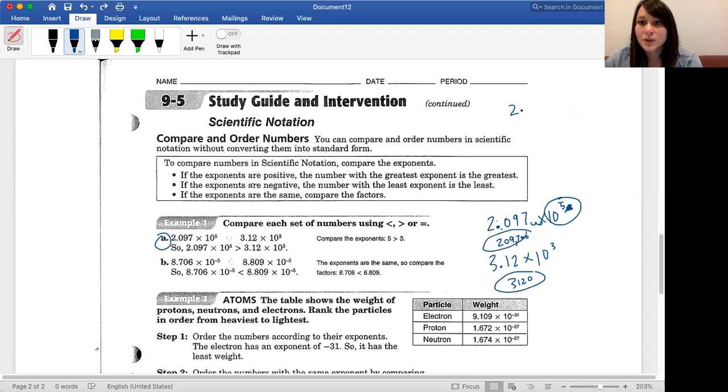Let's say I wrote this as 2.097 times 10 to the 5th. And then this I wrote as 312 times 10 to the 3rd, right? So my decimal is not in a consistent place. So now I really have to spend more time to think through, okay, I have to put this 5 over, so it's the same number here, but then this one would be 3 over, and then this would be bigger, I think. Or maybe not. No, yeah, this would be bigger.